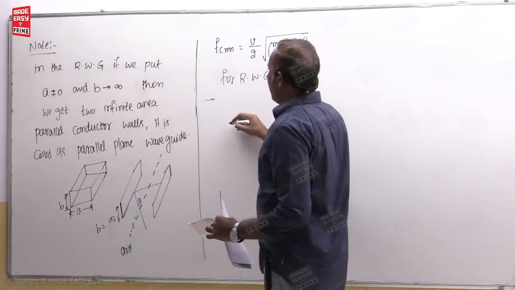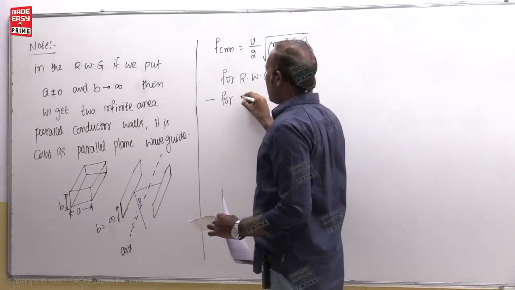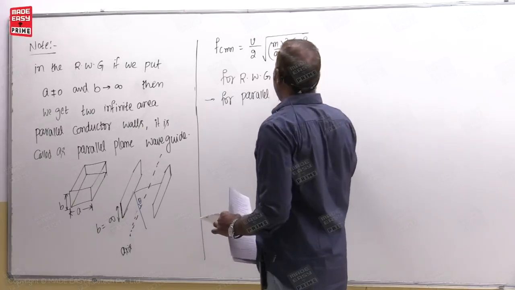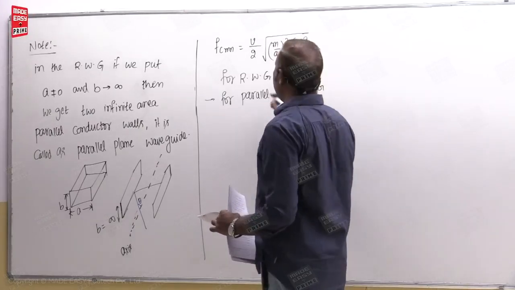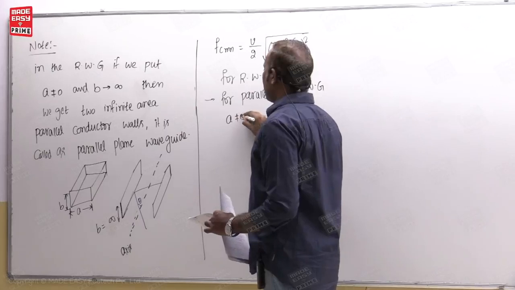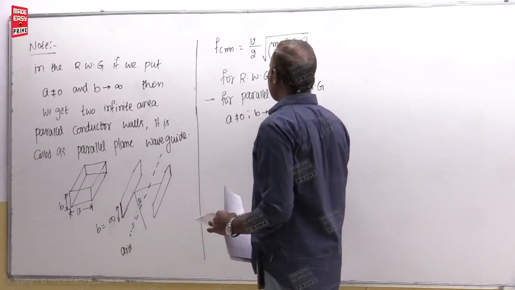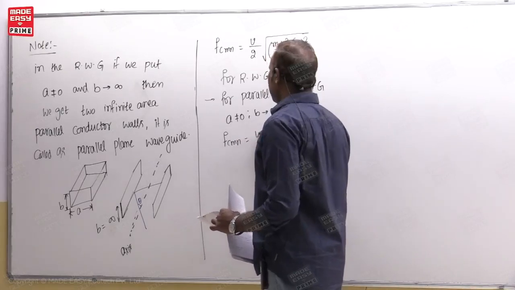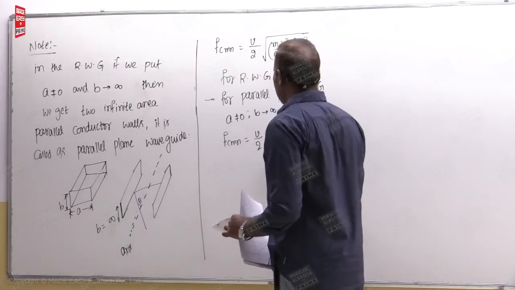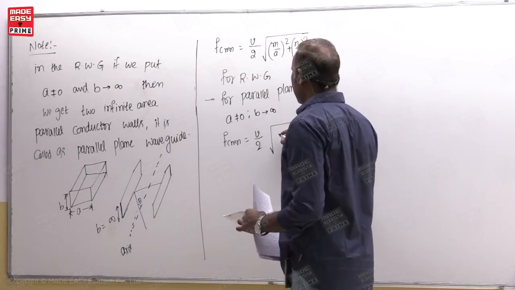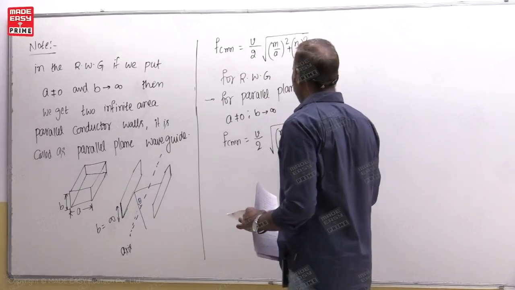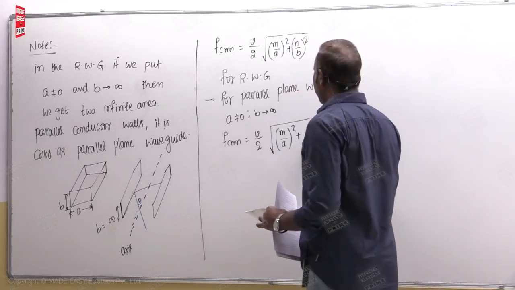Now for a parallel plane waveguide, a not equal to 0, b tends to infinity, then you get fc_mn is equal to v by 2 root of (m by a) whole square plus (n by b) whole square.